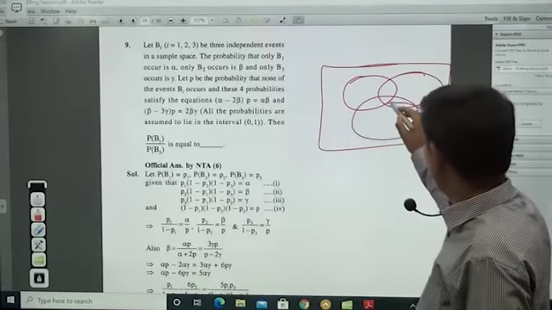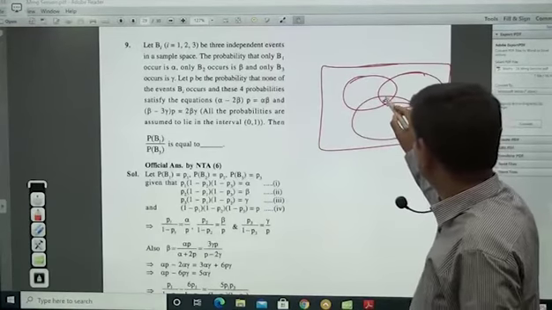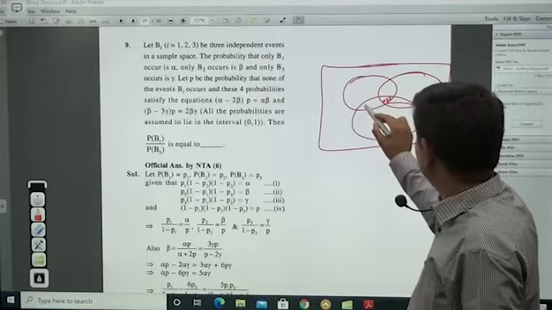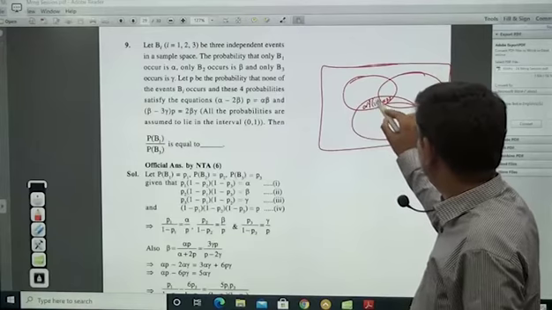This is alpha, beta, gamma. This is alpha, gamma into 1 minus beta.